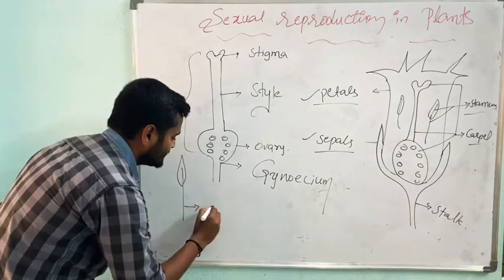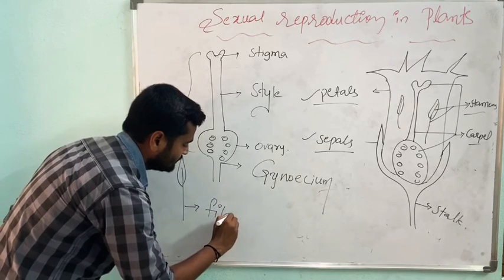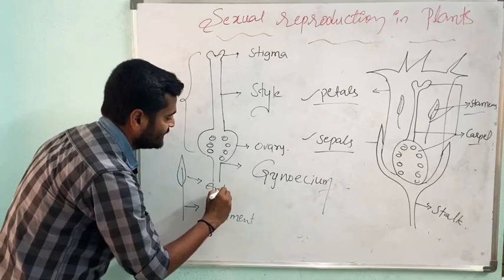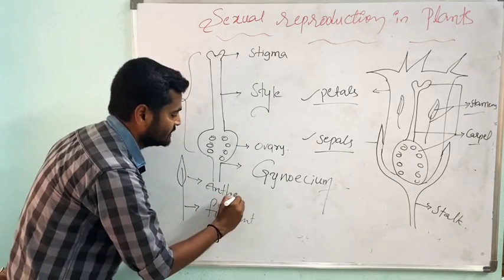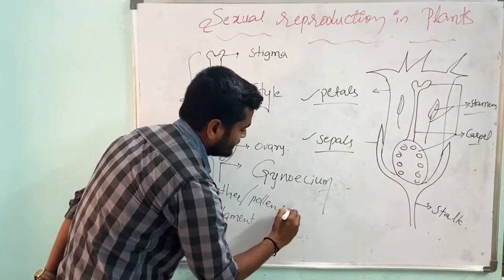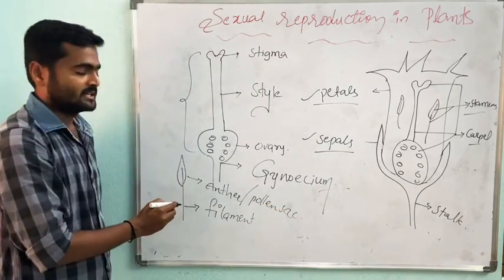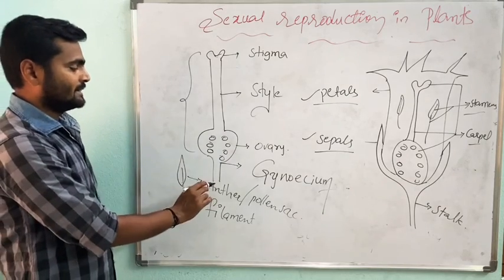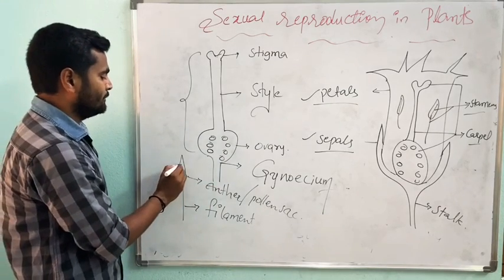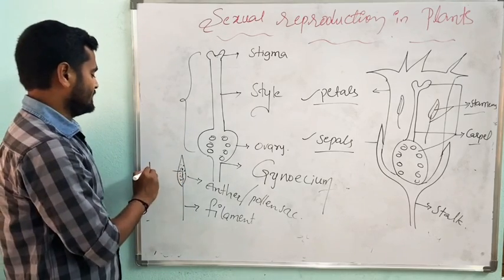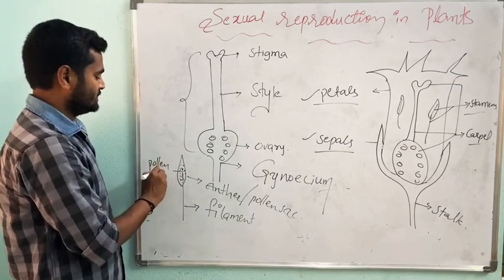One is a stalk-like structure called the filament. The bulb-like structure at the tip of the filament is called the anther, or pollen sac. In this anther, the male reproductive cells, the pollen grains, are produced.